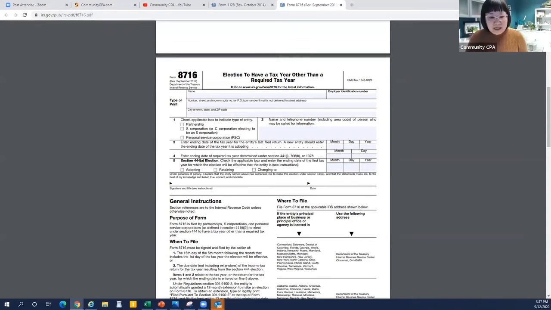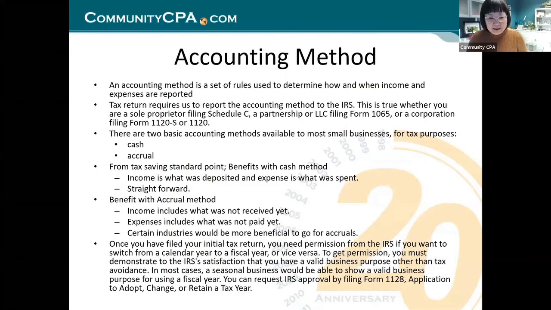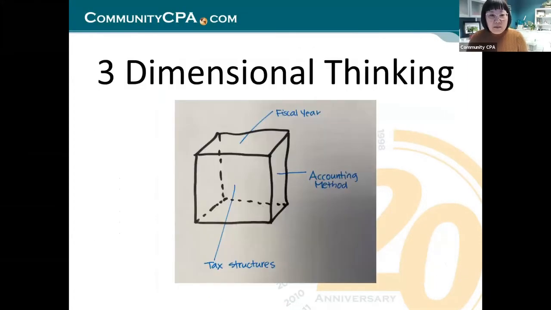So now let's go to our last one. Aren't you excited? We're already at the last one. Okay, I'm coming back to my pretty drawing. Now we talked about fiscal year, accounting method, and tax structures.